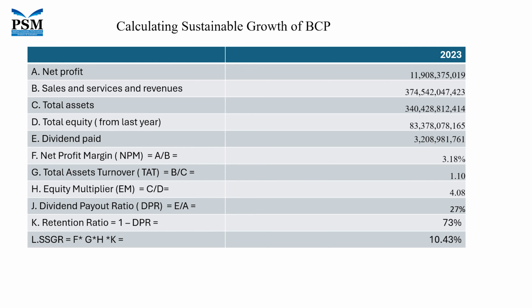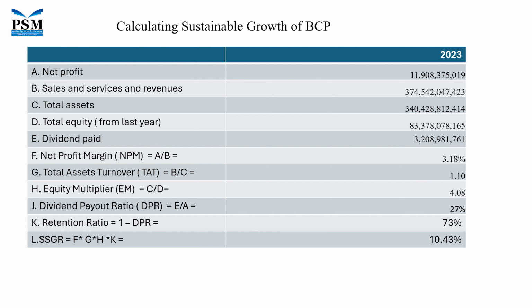How do we get that number? It is the dividend amount divided by the net profit, 27%. 27% of the profit is given to the shareholders. Deducted from 100, we get 73%. Retention ratio, or the increase in retained earnings, is 73% of the profit.